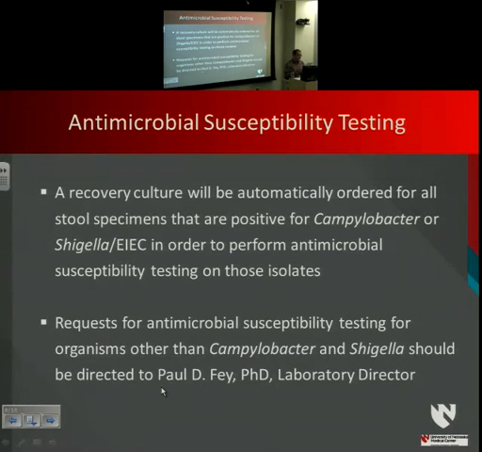Recovery cultures and antimicrobial susceptibility testing are routinely performed for stools positive for Campylobacter and Shigella EIEC. Requests for recovery cultures and antimicrobial susceptibility testing for other organisms on the GI panel should be directed to Paul Fey, Laboratory Director.